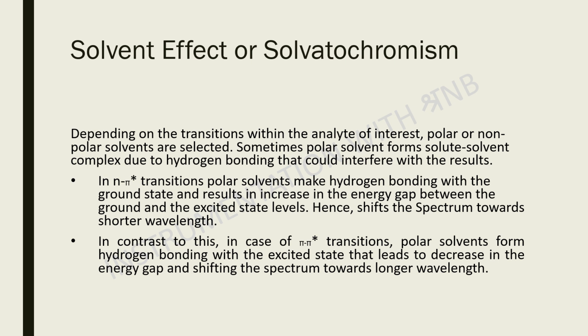Hence, it shifts the spectrum towards the shorter wavelength, or hypsochromic shift. In contrast, in case of pi to pi star transitions, polar solvents form hydrogen bonding with the excited state that leads to a decrease in the energy gap and shifts the spectrum towards longer wavelength, that is, the bathochromic shift.